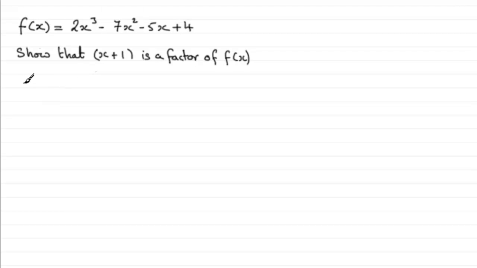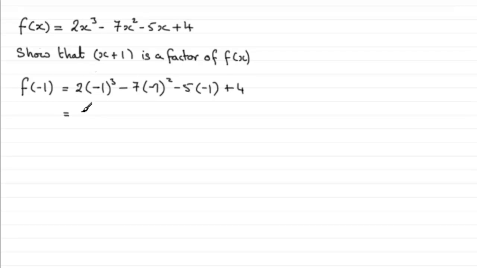We can work out f of minus 1 and hope that it comes to 0. So if we substitute for x, as minus 1 into f of x, we're going to end up doing this sum here. Minus 5 multiplied by minus 1 there, plus 4. Okay, so just putting minus 1 through there.